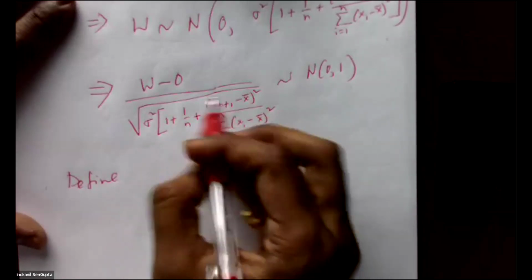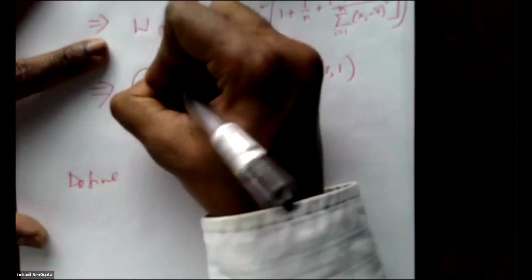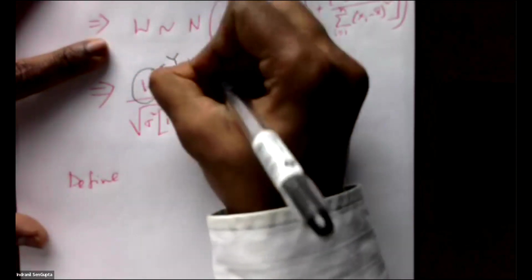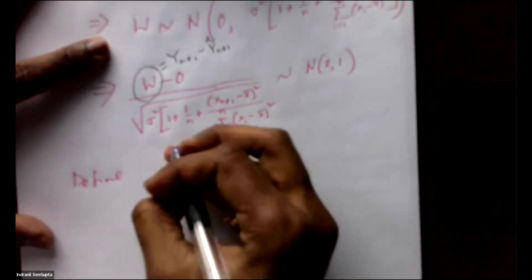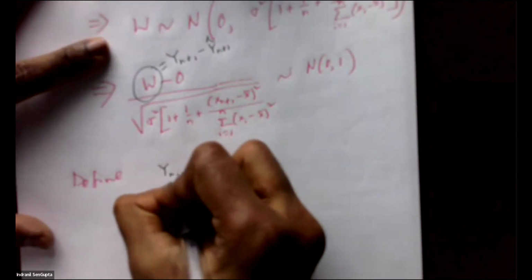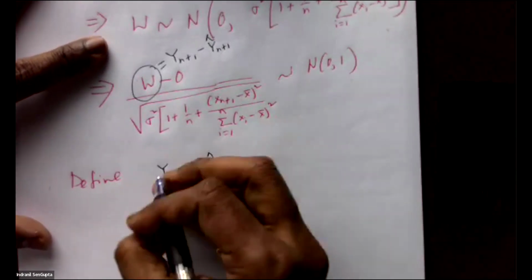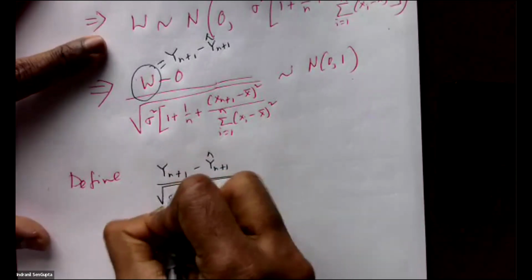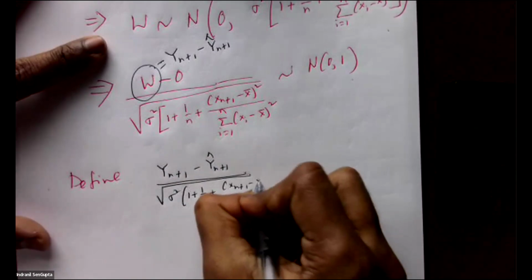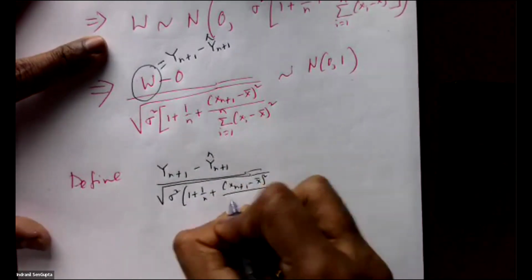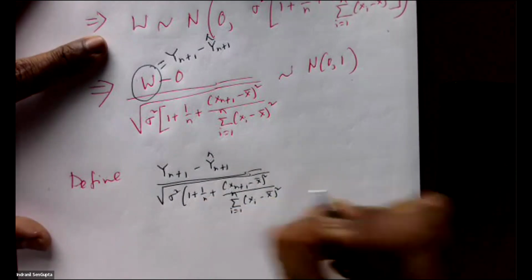So define this W. Remember what W was? W was really yn plus 1 minus yn plus 1 hat. Define yn plus 1 minus yn plus 1 hat over this whole thing, sigma squared times 1 plus 1 over n plus xn plus 1 minus x bar squared over the summation i from 1 to n of xi minus x bar squared.